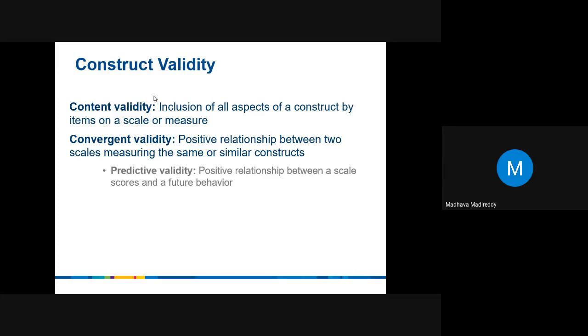And predictive validity is a positive relationship between scores and a future behavior. That is about prediction. If you create a scatter plot on the x-axis and y-axis, predictive validity means that as x increases, y is also increasing along the same trend line.